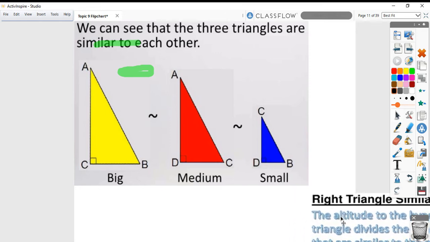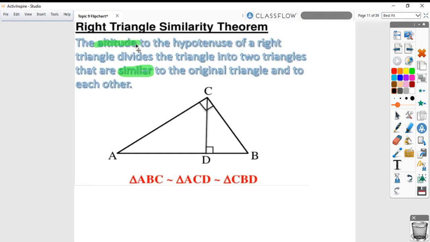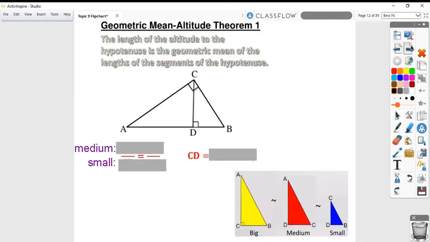All three of those different triangles were created by the altitude, and they're all similar to the original. They're all similar to each other. That's going to be important in a minute when we get to the practice problems.